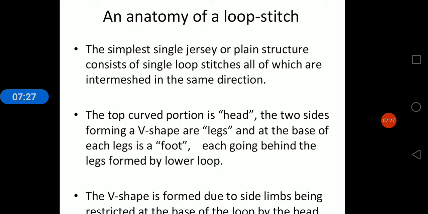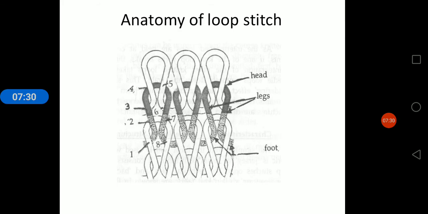The anatomy has a curved shape, a V shape, and the V shape is nothing but the looping formation from one loop to another. One is face and another is back, and again one is face and another is back.